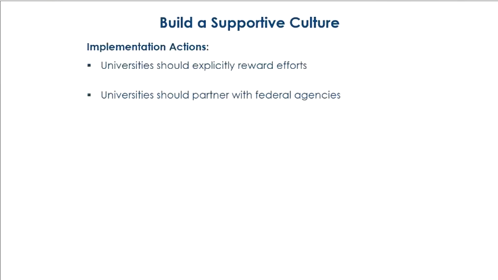So implementation actions include explicitly rewarding the efforts to adopt and implement open practices on the part of researchers. Universities should partner with federal agencies to develop new methods of assessment that don't rely exclusively on metrics like the journal impact factor.